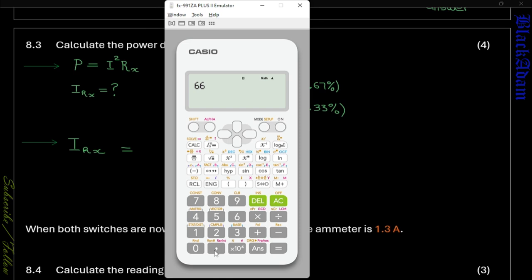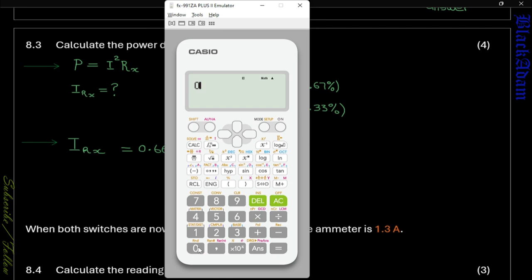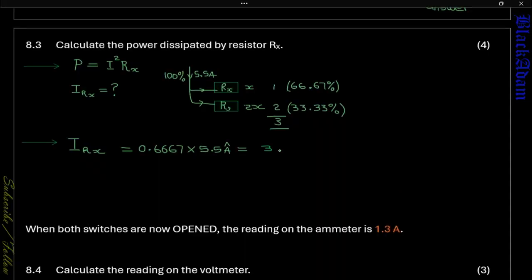Then the current there, changing that to a fraction, is 66.67 divided by 100, that gives us 0.667, so 0.667 times 5.5 ampere gives us 3.67 ampere.